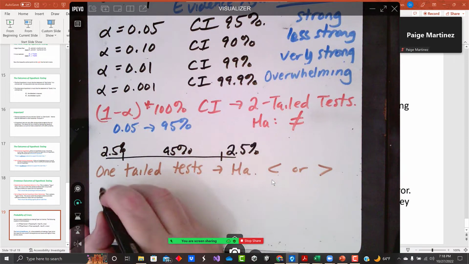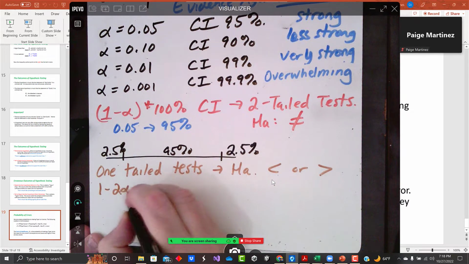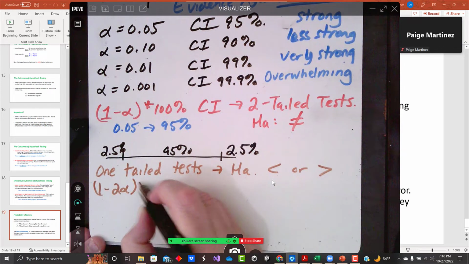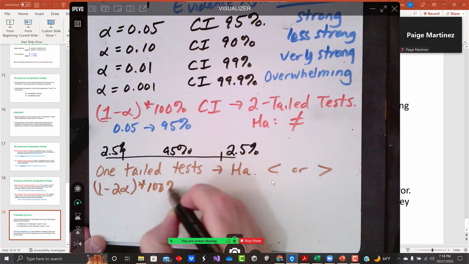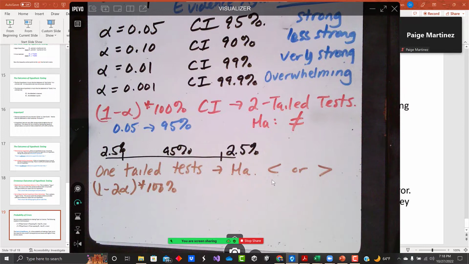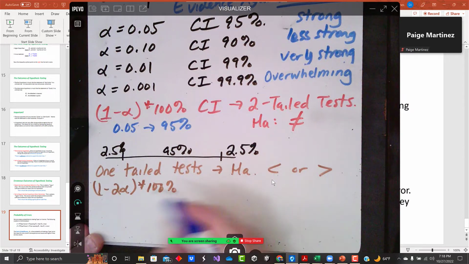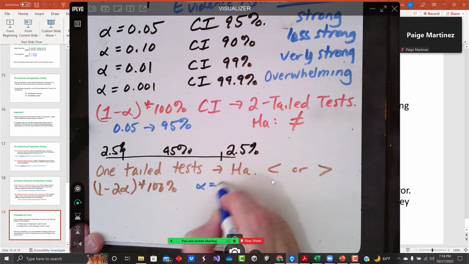Instead, we use 1 minus 2 alpha. Okay. So 0.05 alpha is our standard.